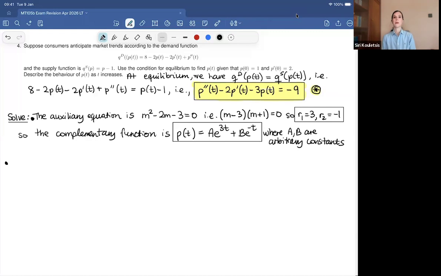So that was a complementary function. Now we need a particular solution. And since the right-hand side here is a constant, we try P of t equals c, where c is a constant.